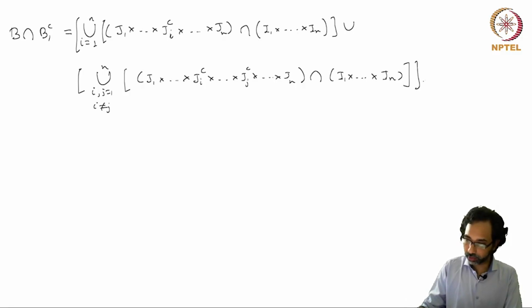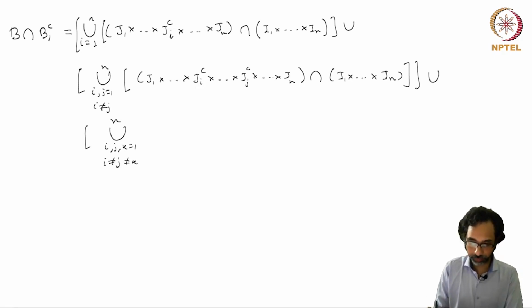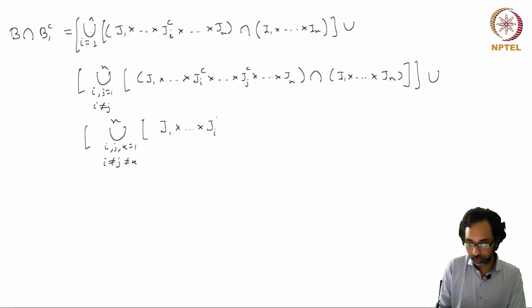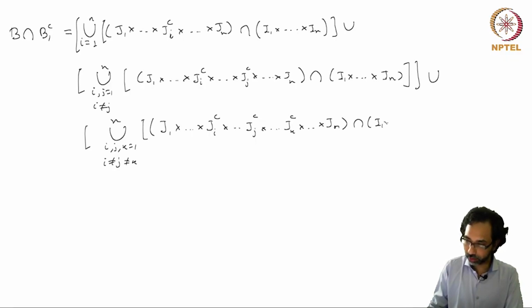Then you have again a union with i, j, k from 1 to n, i not equal to j not equal to k, and here we have complements on three coordinates i, j, k, cross Jn, and you have again an intersection with I1 cross In.